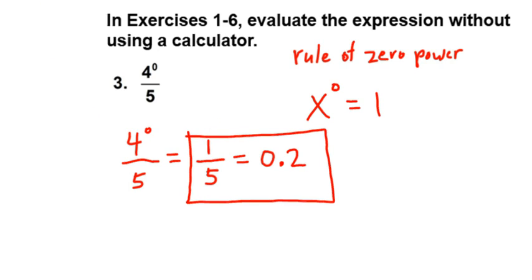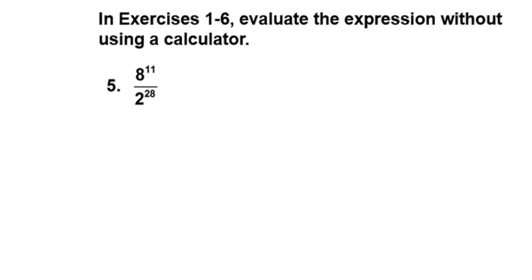Okay, next odd number problem, which is 5. Here we have 8 to the power of 11 over 2 to the power of 28. The key thing is, if we can rewrite and make these bases the same, so I'm going to write that principle, make common bases.